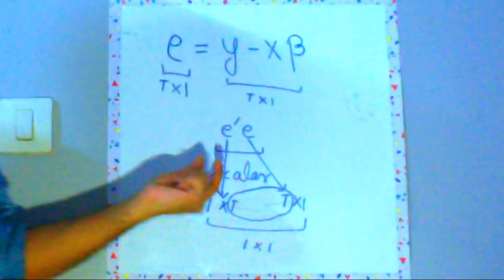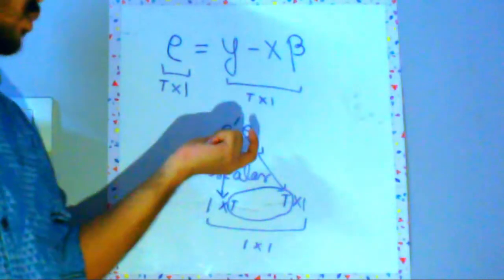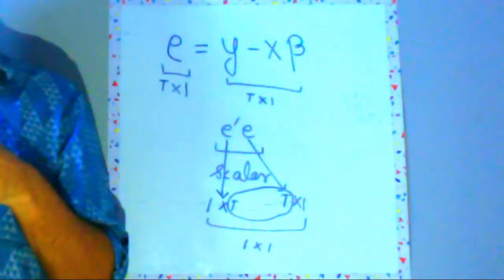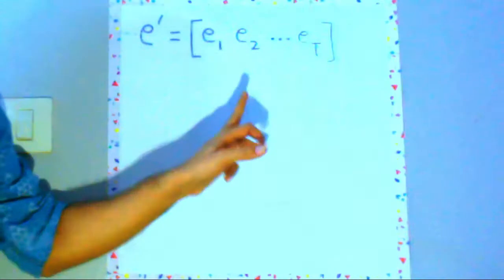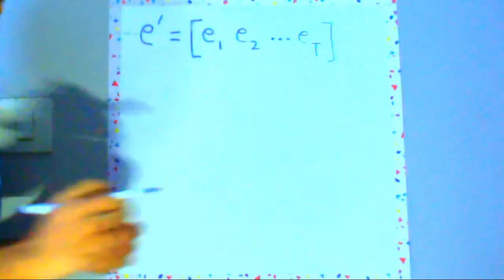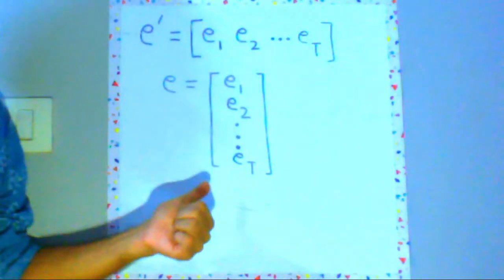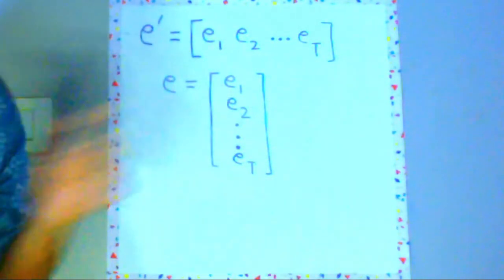So if I find E transpose E, it will give me a scalar quantity. Now what is that scalar quantity? This is E transpose, this is E. Let's find out E transpose E.